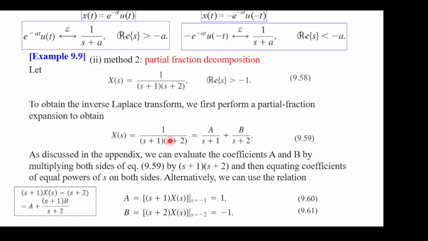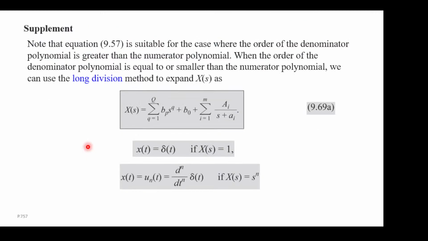Here you write this as a over s plus 1, b over s plus 2. So some coefficient over fractions, and you can solve for those coefficients in various ways. You can either multiply everything and try to solve the linear equation, or here you have something smarter where you multiply with the root terms and something will be 0, then you can read from here, etc. Anyway, you can do partial fraction expansion, and then you can look at the ROC and you invert it.